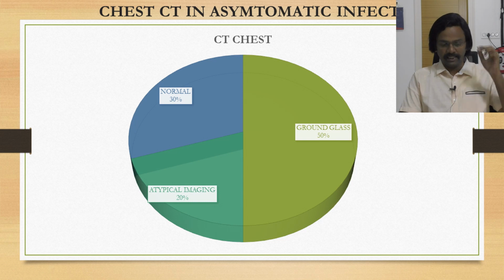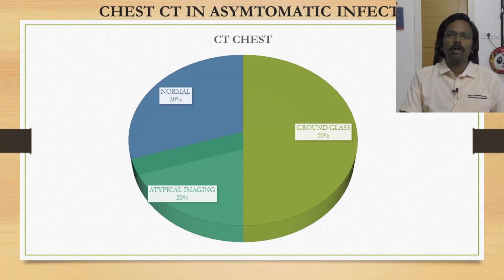And this has clearly shown that 50% of patients, even asymptomatic persons, will develop ground glass opacities in CT scan, 20% showed atypical changes in CT scan chest, and 30% of CT scans are normal. So you can observe that 70% of asymptomatic individuals also will have significant CT scan findings.